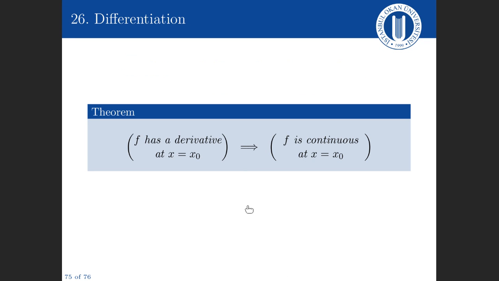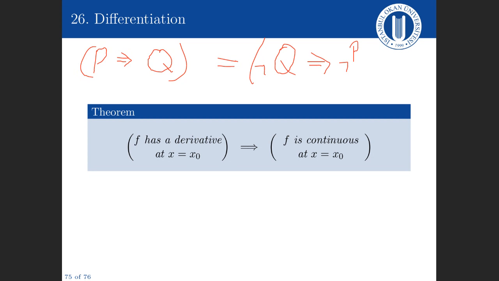Using this idea and combining it with an idea from symbolic logic right back at the start of this course. The idea was that P implies Q is the same as not Q implies not P. We're saying a function has a discontinuity implies that a function is not differentiable.